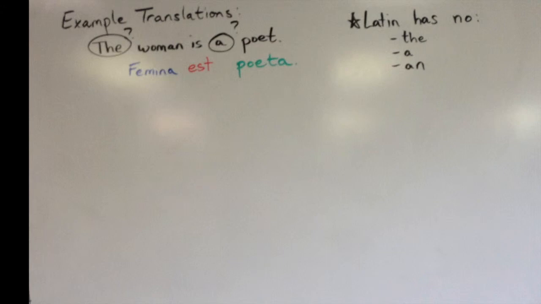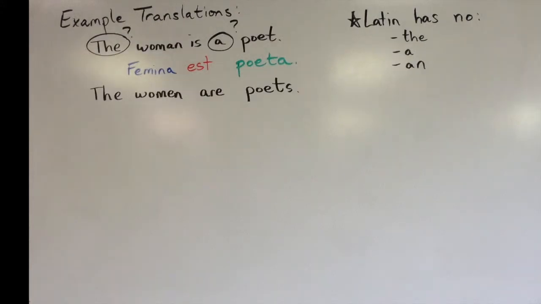Now for another example, let's try the plural of the previous sentence. The women are poets. Since the word women is plural, we're going to have to use the ending from the plural column, ae. And so we get the word feminae.